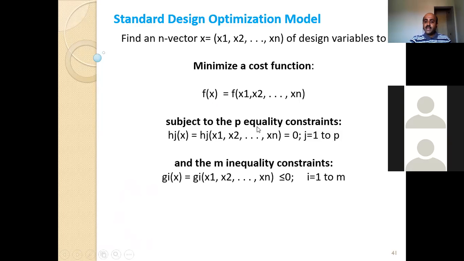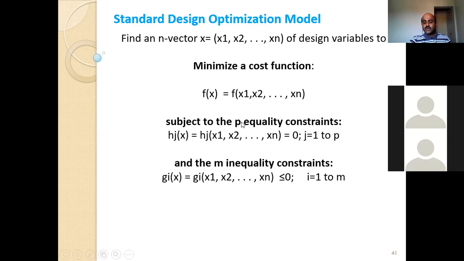One is p equality constraints, and the second is inequality constraints. Once you know the design variables and you form a cost function or optimization function, the next thing is the constraints. There are two types of constraints in each and every problem: equality constraints and inequality constraints. The design optimization model will be in this form.